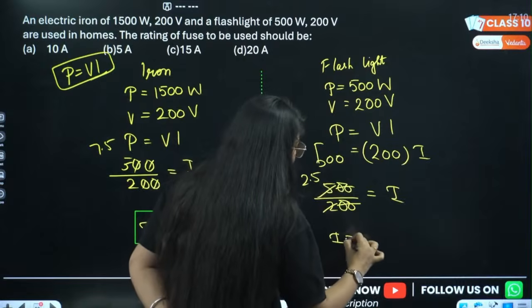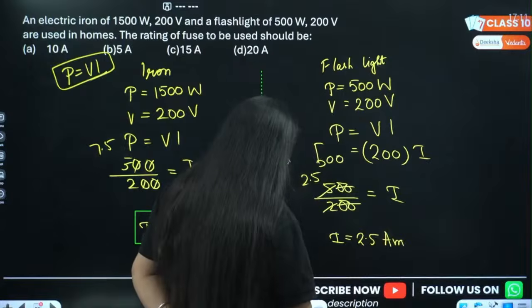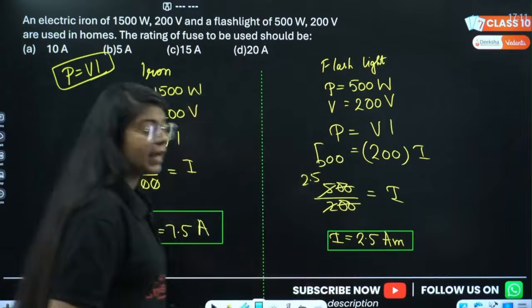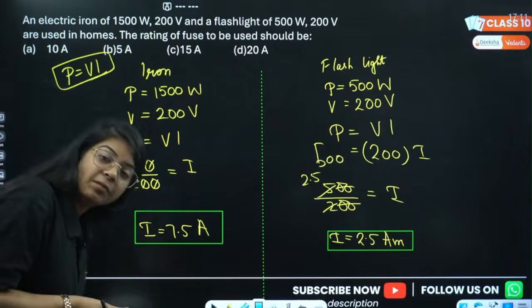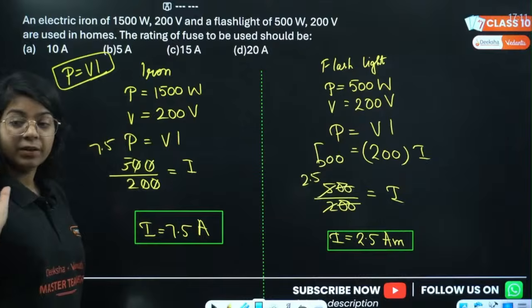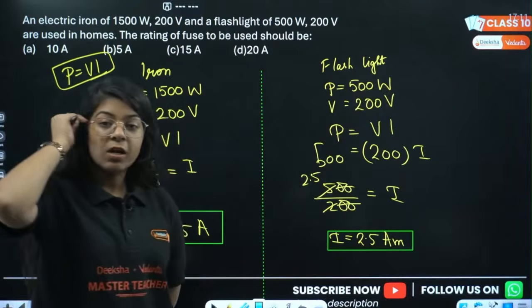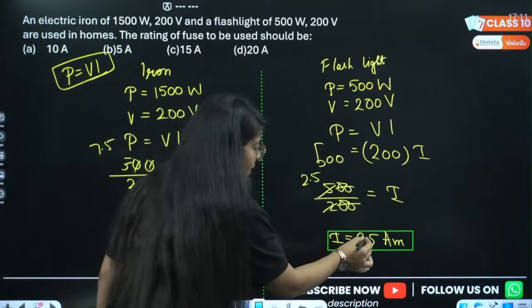So I equals 2.5 ampere. So this is my final answer. Now since they are in parallel, because we know in households, yes. See, answer A. You are saying answer A. Everyone is saying A.